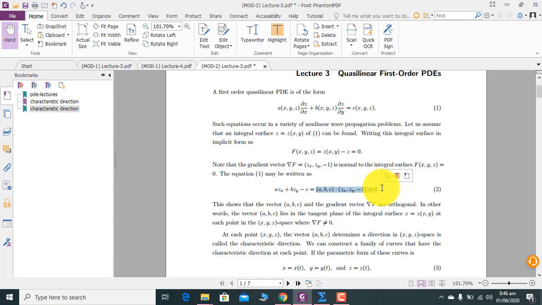But we are taking a, b, c non-zero, otherwise everything in equation 1 will be 0 equal to 0, so we are not taking that case. Suppose a, b, c are non-zero, and the gradient vector, which is normal, is also not a null vector. So the only possible case is that both vectors are perpendicular.